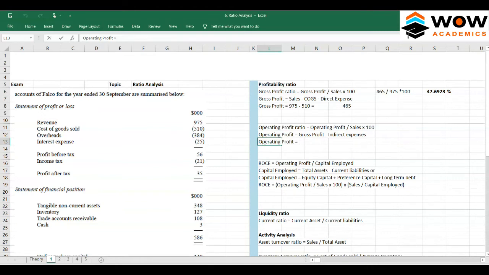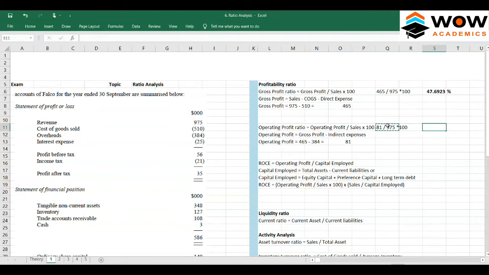So operating profit would be from gross profit. Gross profit is 465. From there we will minus the 384. So we will get the answer. Operating profit is 81. So 81 is the answer.